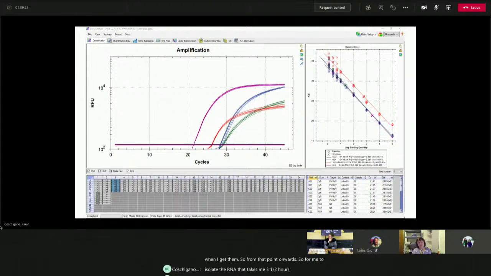Then I switch and go to a completely different lab and set up my RT-qPCR. That takes about another hour and a half to pipette into all those little bitty tubes, little wells. And then the machine takes an hour and a half. So we're at about 6.5 hours so far without any breaks.